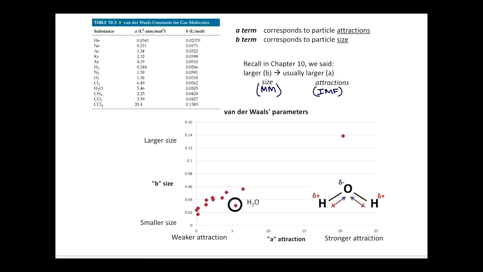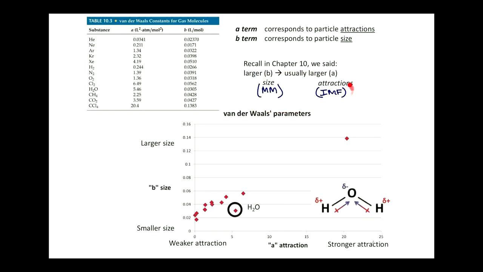We mentioned that we have an A term and a B term from the van der Waals equation. I mentioned that the larger the B term, usually A is larger. So I graphed all of these points, where B is size and A is attraction.